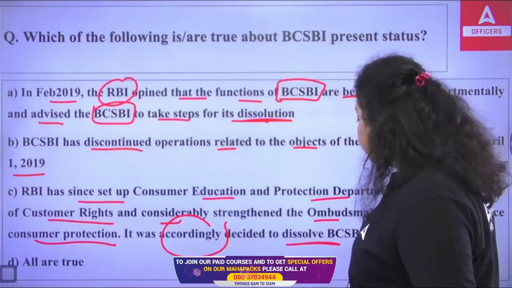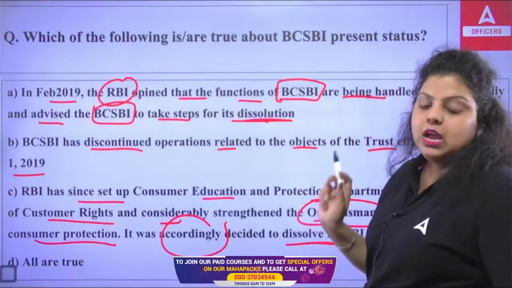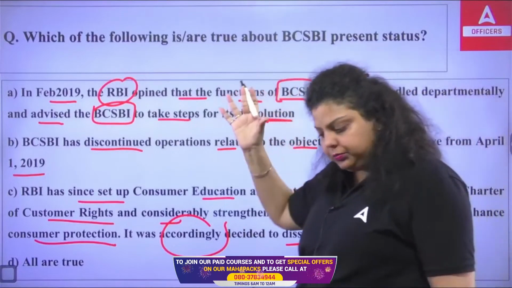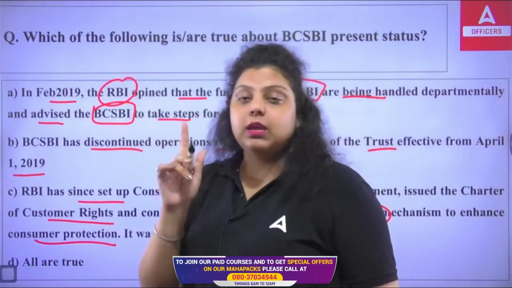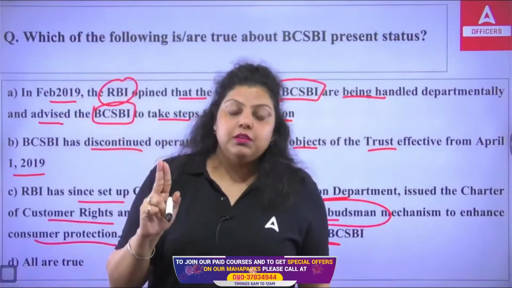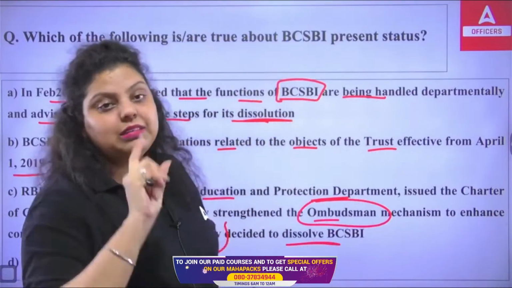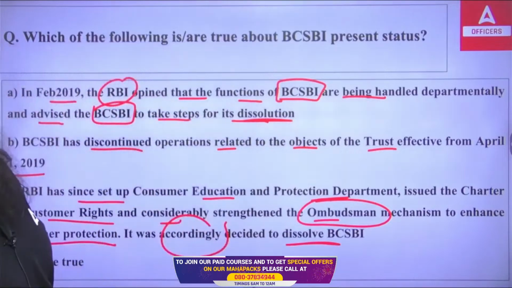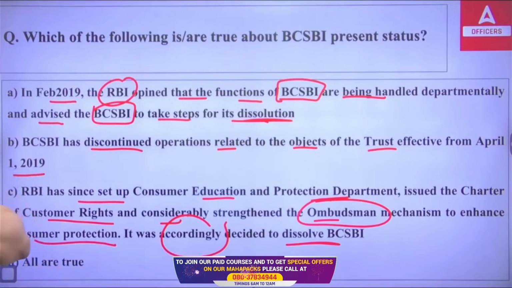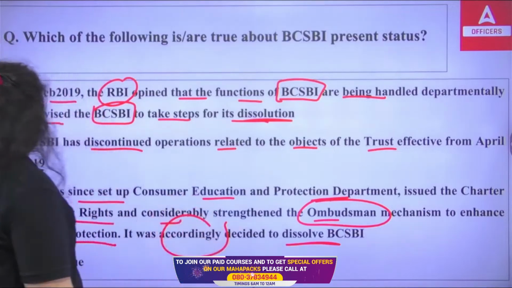For that you have to make the ombudsman strong, and that is what RBI did by merging three ombudsman schemes: the banking ombudsman, the ombudsman scheme for NBFC, and the ombudsman scheme for digital transactions. All these three have been merged and a single scheme has been introduced, named the Integrated Ombudsman Scheme, by the Reserve Bank of India in 2021. And so we have strengthened the ombudsman mechanism.